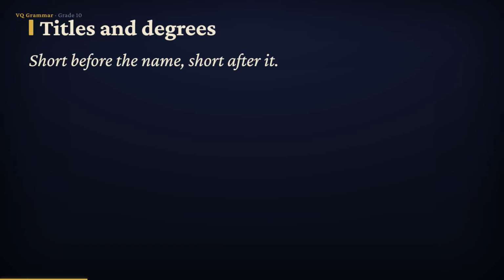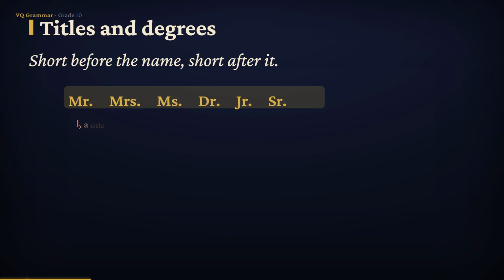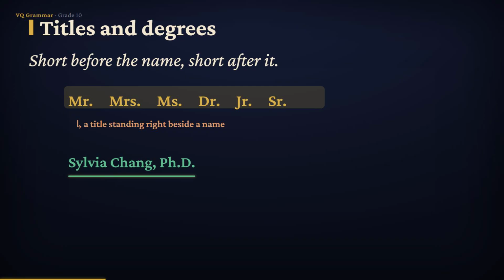Next up, personal titles. When a title sits right beside a person's name, we abbreviate it, and it keeps its period. Mr., Mrs., Ms., Dr., and after a name, Jr. and Sr. Academic degrees work the other direction.